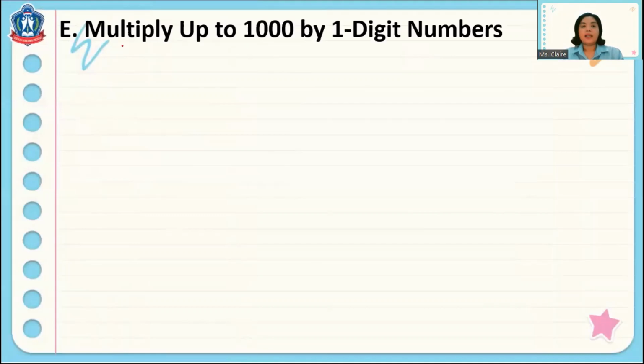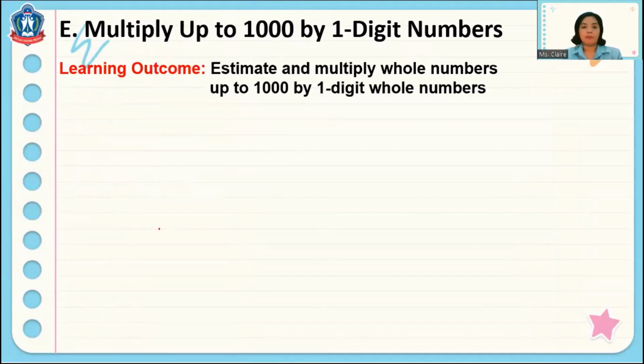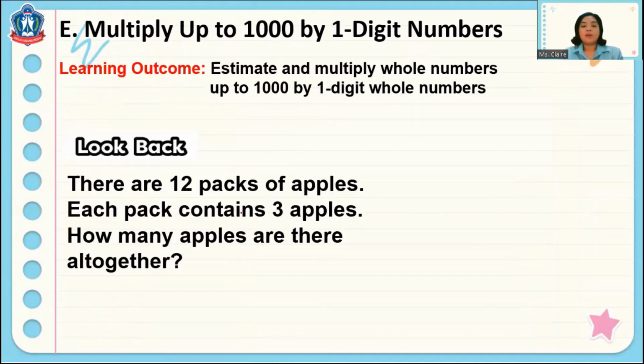Another, let's have Lesson E, multiply up to 1,000 by one-digit numbers. There are 12 packs of apples. Each pack contains 3 apples. How many apples are there altogether? How are we going to calculate this?